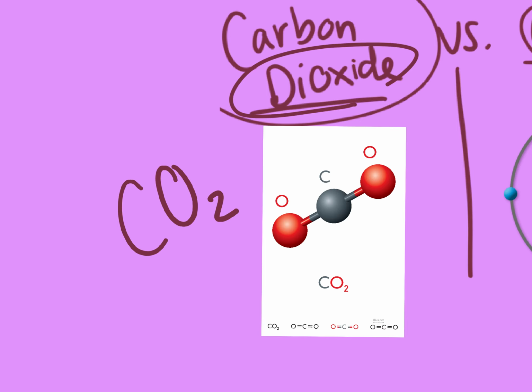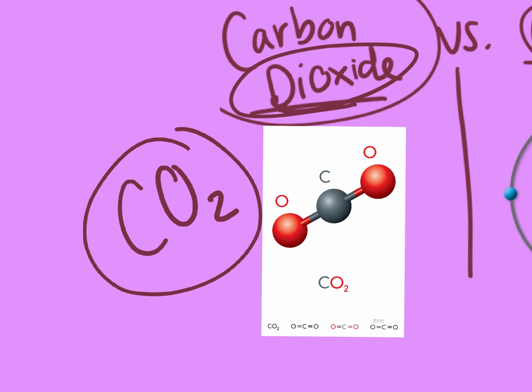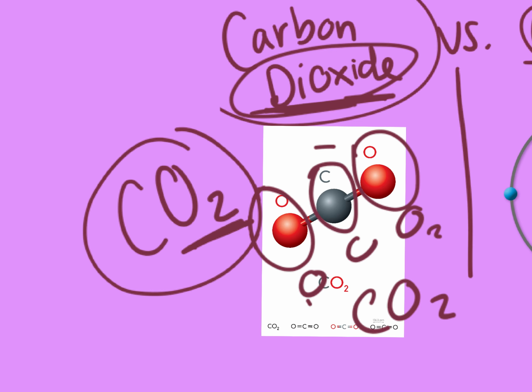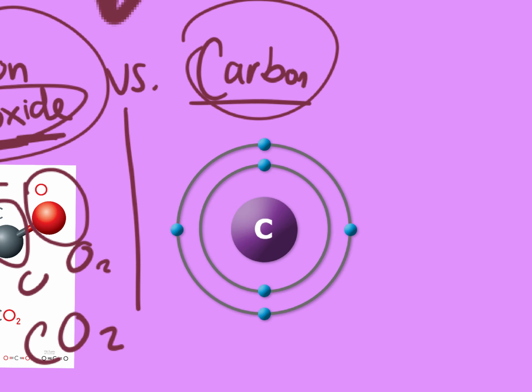Carbon dioxide or CO2, that dioxide or that O2, it means that we have one carbon atom and two oxygen atoms. That's the C and the O2. 1, 2. CO2.